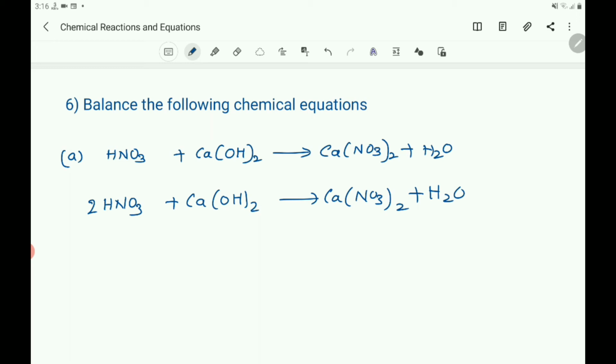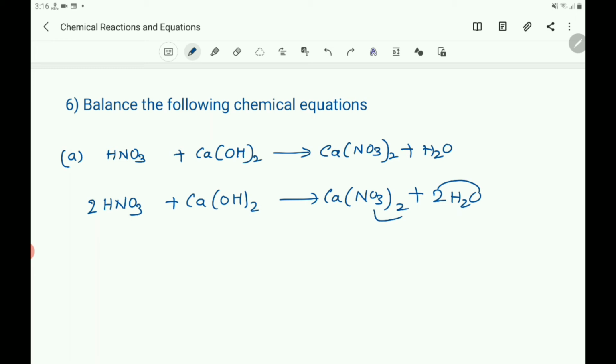Now you got 2 3s are 6, 6 plus 2, 8 you got, and here 3 2s are 6, so you can make it 2H2O. Now you got 8 oxygen atoms on both the sides, 6 plus 2, 6 plus 2.